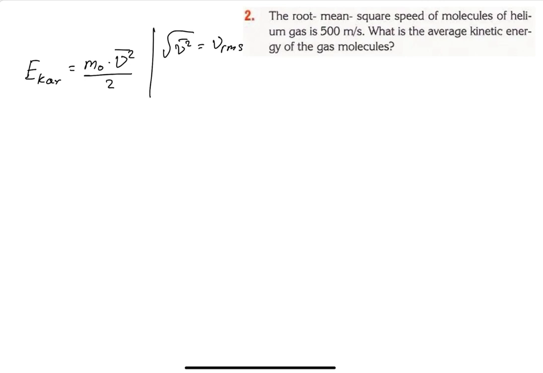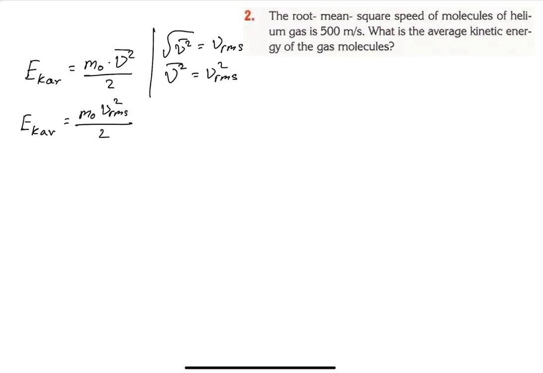So if I get rid of this root, the average velocity squared is equal to V_RMS squared. That means we can change this formula to m0 times V_RMS squared over 2.